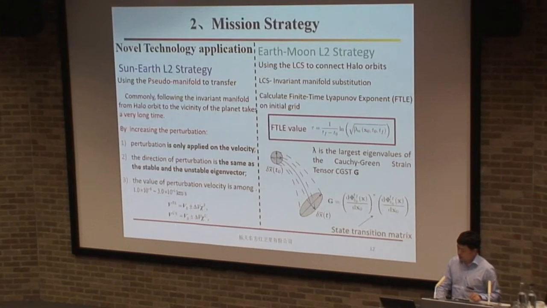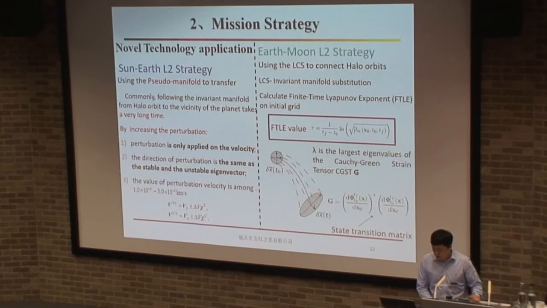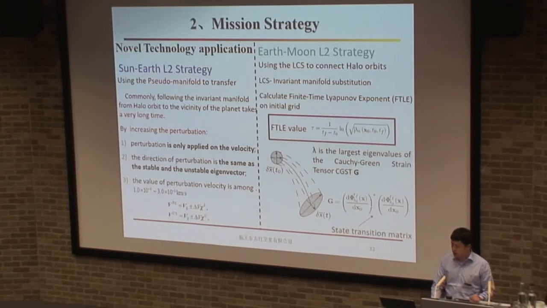We can use the pseudo-manifold to transfer. And usually it will take a very long time. But by increasing the propulsion, we can shorten the time. For the Earth Moon L2, we use the LS to connect the halo orbit.